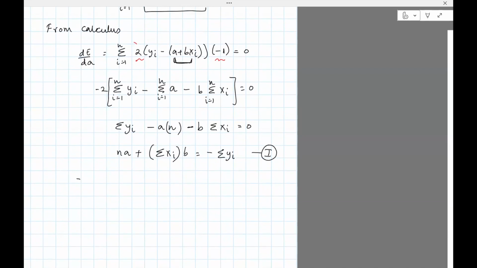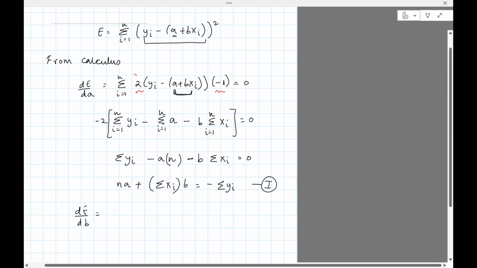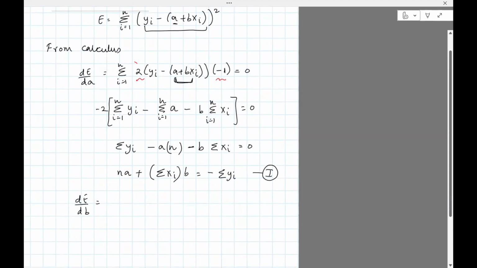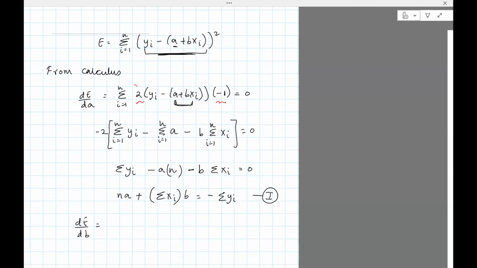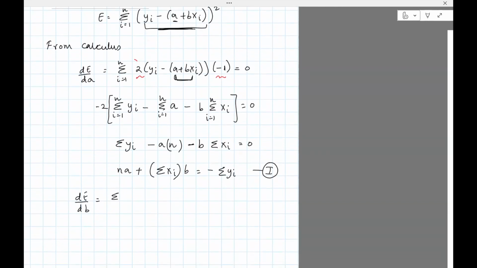Now I need to do the same thing for b. So dE/dB is: take the derivative of E with respect to B. So I would have summation i equals 1 to n of 2 times (yi minus (a plus b xi)).